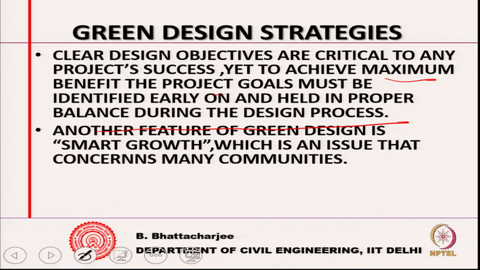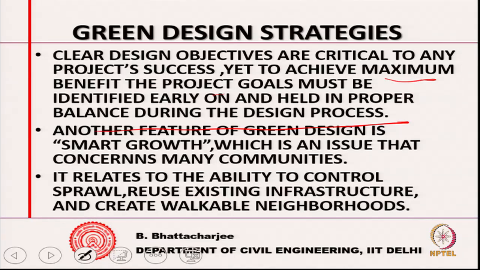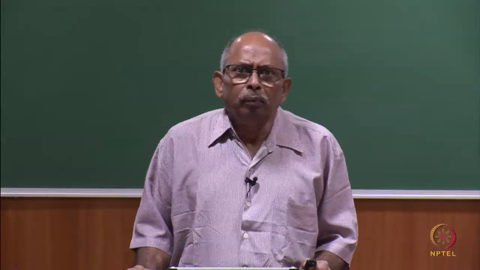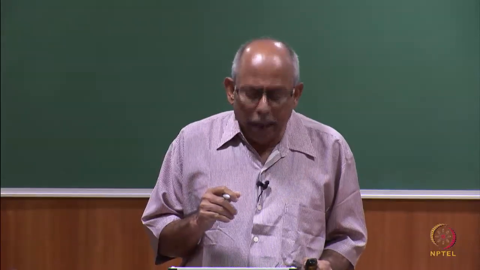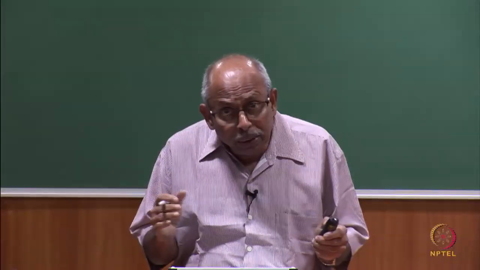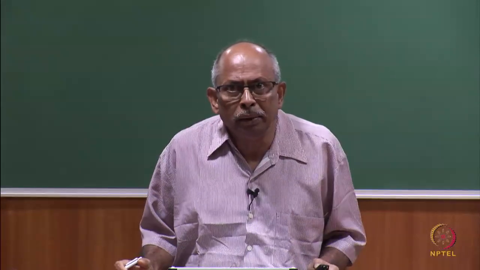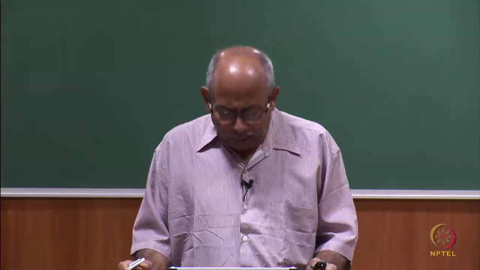Another feature of course is smart growth, what is called. It relates to ability to control sprawl, reuse existing infrastructure and create walkable neighborhoods. So, basically control is important, and reuse as much as possible if you are changing anything, right.